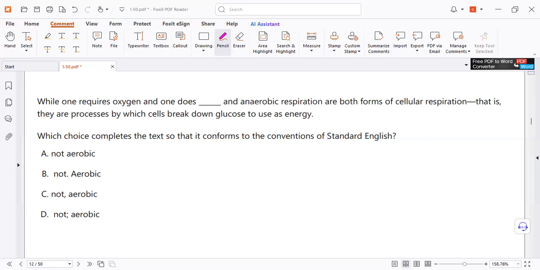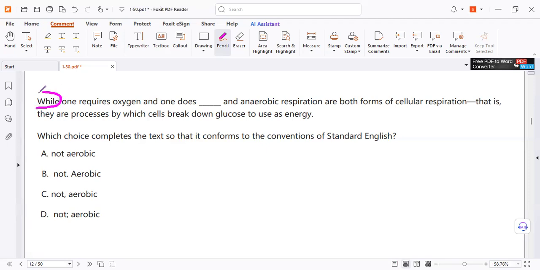Is it letter D? Letter D, if D is correct, B is correct. Oh, because they're the same. It follows the rules.